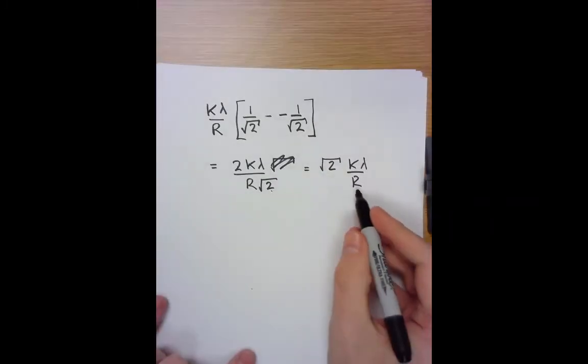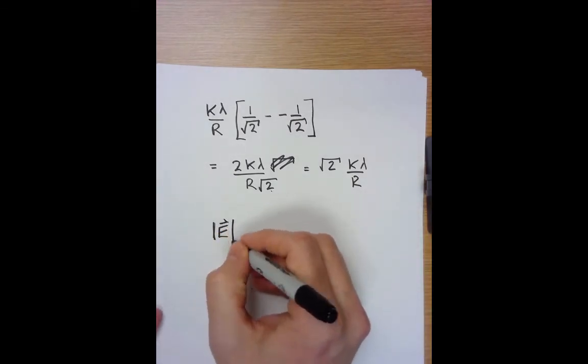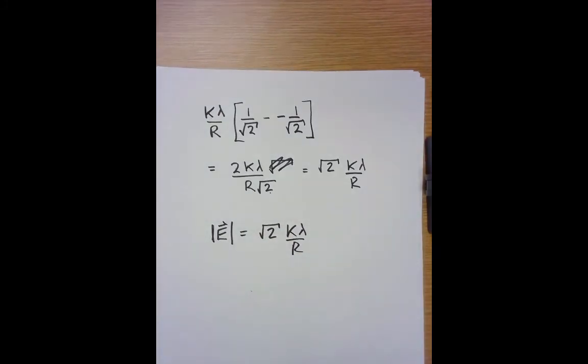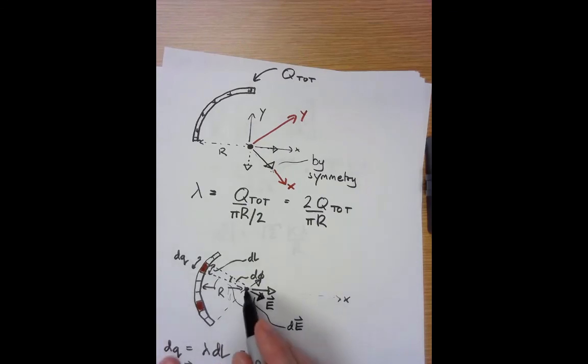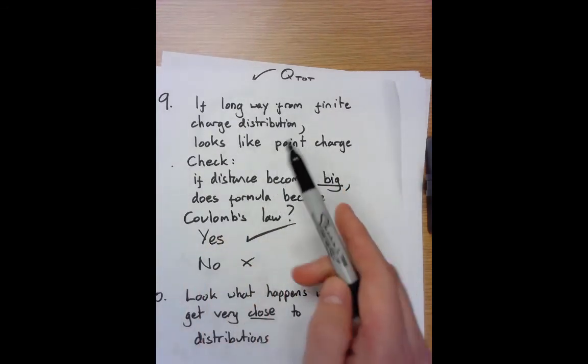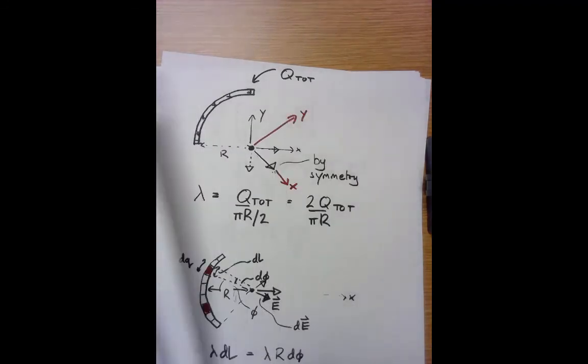Note that this is only valid at the center of this circle. Let me just rewrite this equation here. This is only valid at the center of the circle, okay? So it's not valid if we are at a different distance than R. So we can't, in this case, do the important step of going a long way away from it, or getting very close to it, because this formula is only valid under those circumstances.